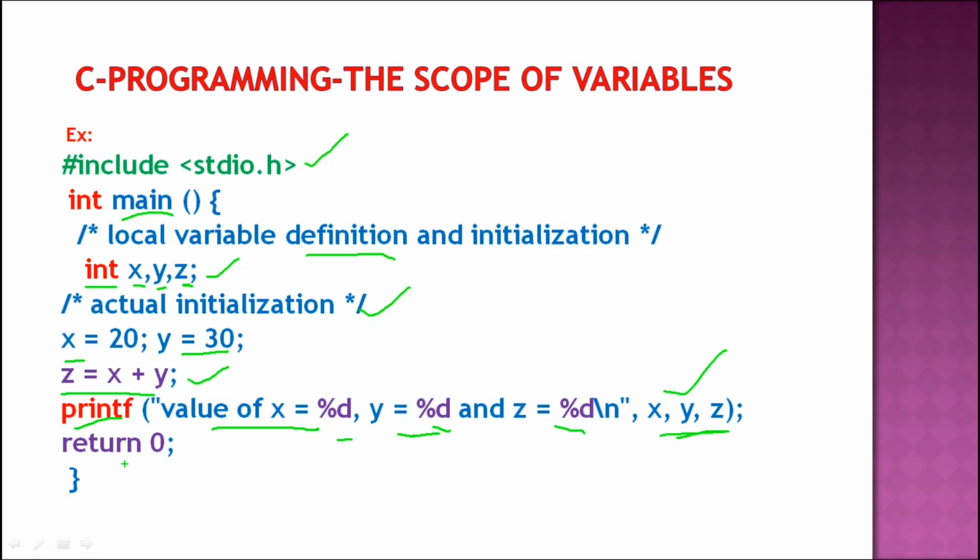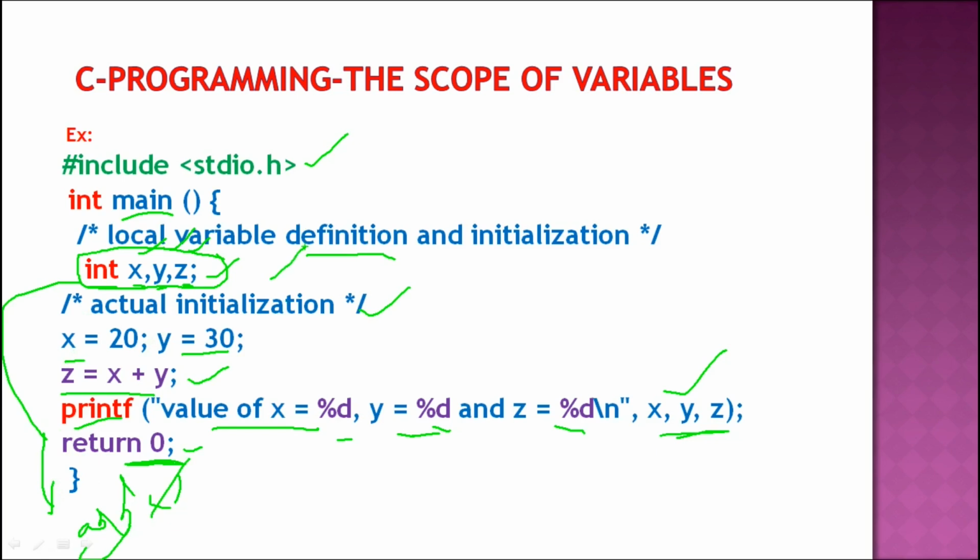Our point here is that the integer variables are declared within our main function. That means if we have another function here, like an addition or subtraction function, these values cannot be used there. We cannot use these values in the other function. Such variables are called local variables and cannot be accessed by other functions.